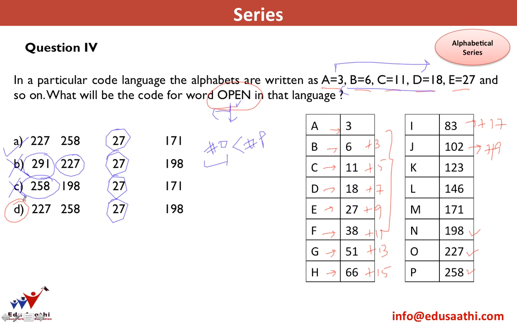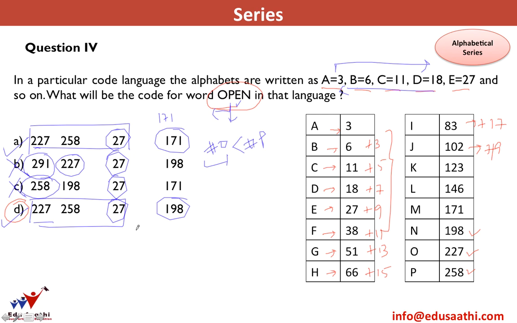So just by looking at the answer options, I am left with two options, the first one and the last one. Now the first three numbers are the same in both of them. So the only difference is for N. Here N is coded as 171 and here N is coded as 198.